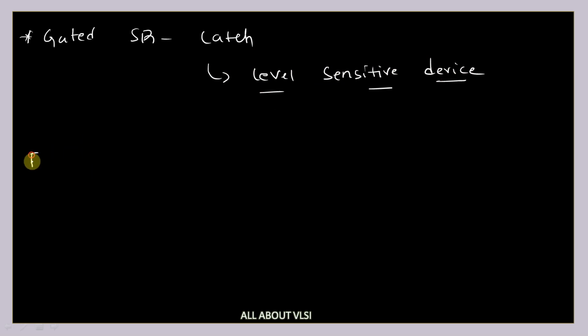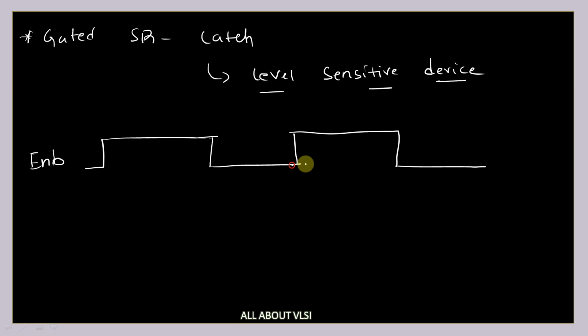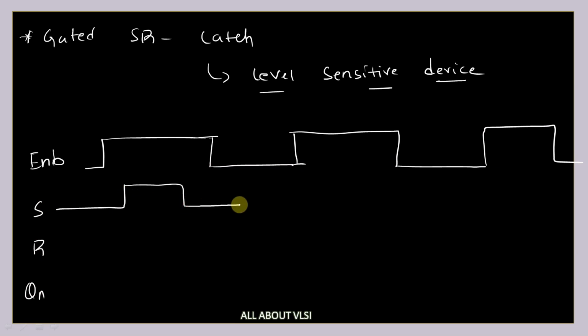Let's say suppose this is our enable signal. It is becoming 0 and somewhere it is becoming high again, and it is becoming 0 and becoming high again. And this is our S, R and Qn. Let's say our S is equal to 1 here and it is becoming 0 and again becoming 1, becoming 0, and again it is becoming 1 over here.